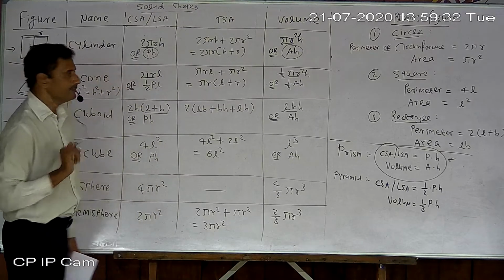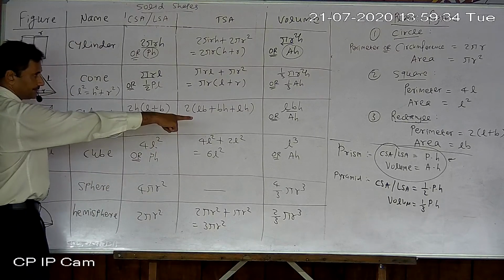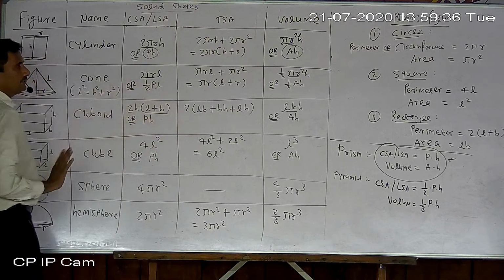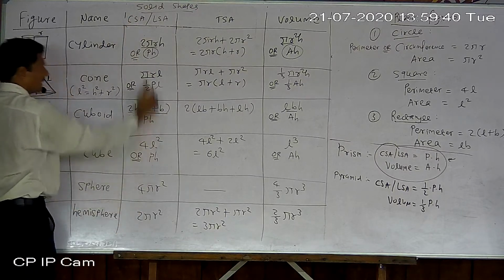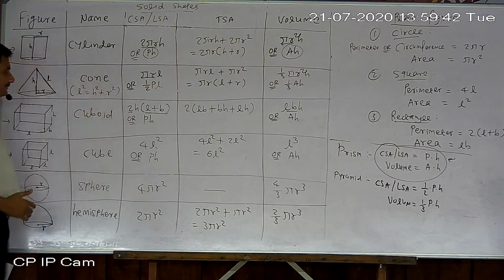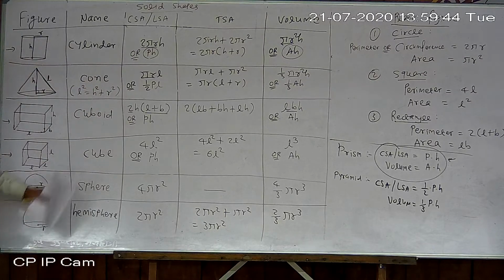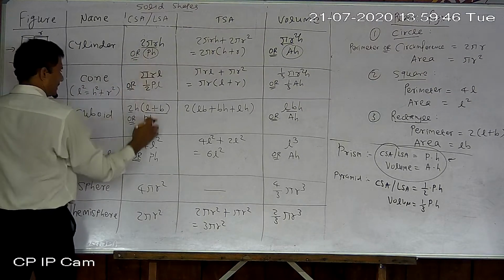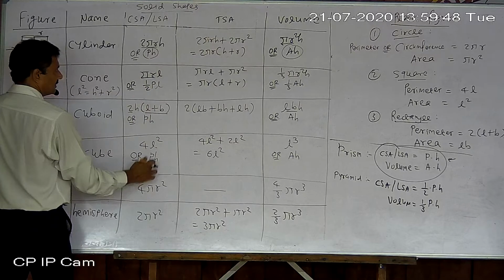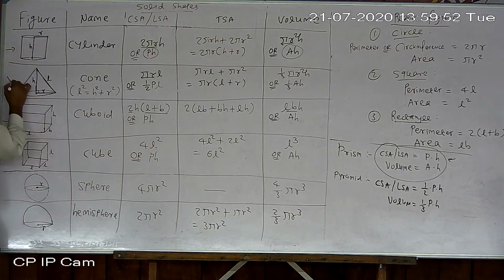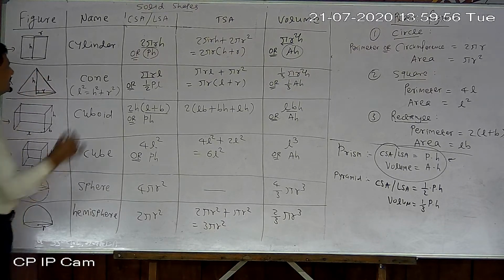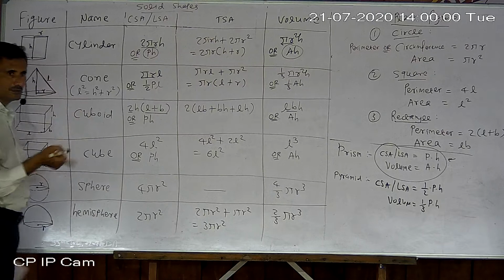Now first of all we look at it that way only. First, P into H equals the lateral surface area, so we just look at this column only. P into H, P into H, P into H: at all three places I have written it. For now we do not discuss the rest. So P, but P of what? Circle.